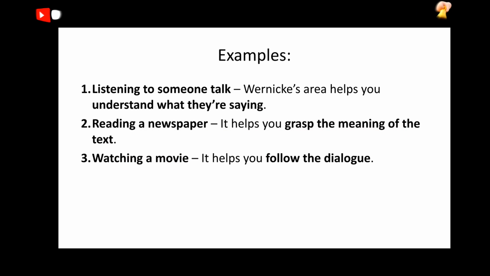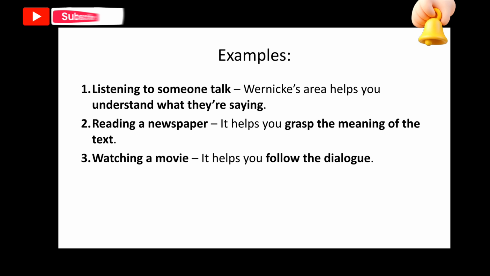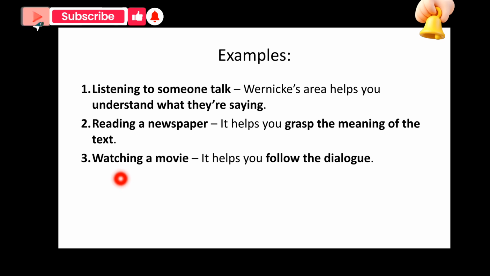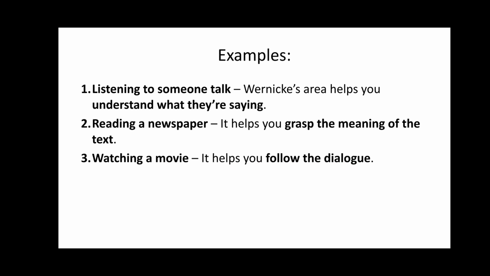If you can understand the meaning of the text of a newspaper or a book, that is because your Wernicke's area functions properly. If there is a problem with your Wernicke's area, you might not understand what you read, or when somebody says something, you will not comprehend it. Watching a movie, it helps you follow the dialogue because your Wernicke's area functions properly.